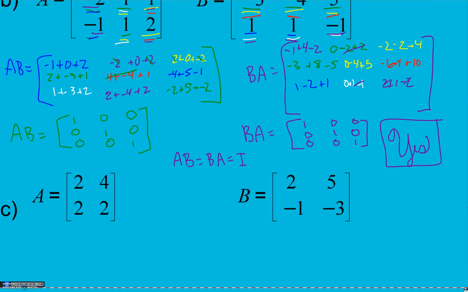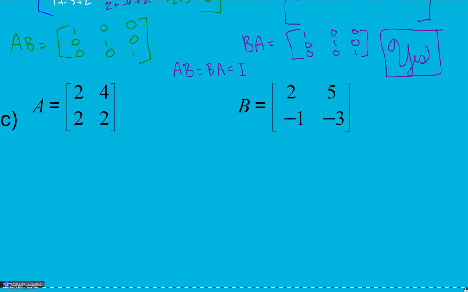Okay, let's try one more here. A times B, 2 times 2 plus negative 4. Two times 5 minus 12. 2 times 2 negative 2.